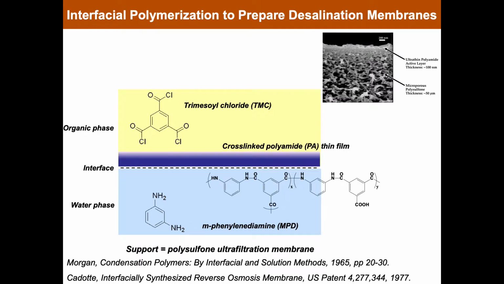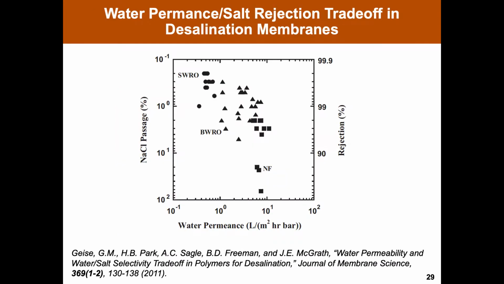There's my desalination membrane growing in, and the structure of the resulting cross-linked polymer. We talked for a while about the trade-off between permeability and selectivity in gas separation membranes. This is observed ubiquitously across the spectrum of membrane filtration.